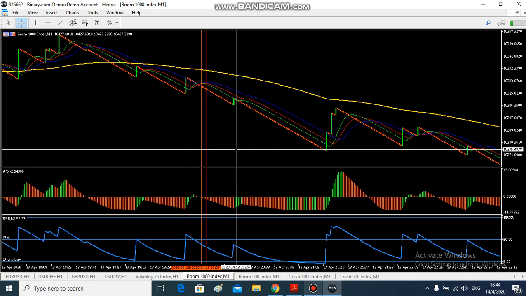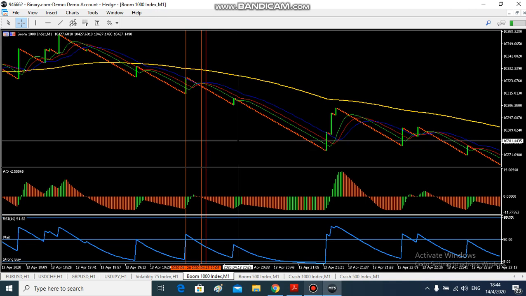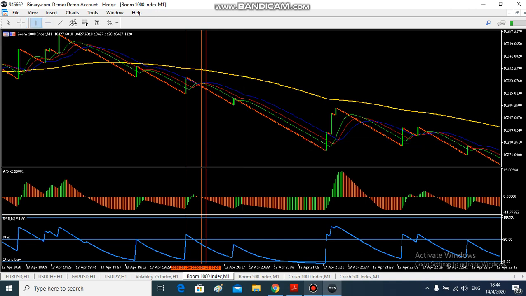Then we got four additional histogram bars, confirming that at any given time we can get a spike. We're still green, so it's only here, below the Alligator, that we check the oscillator.